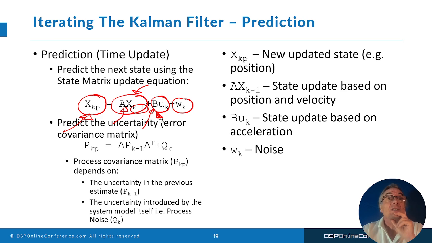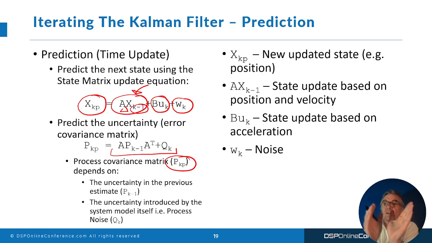Having done that, we then need to compute the uncertainty or the error covariance matrix within that value, and we compute that using this equation here. So we take the process covariance matrix. Remember, covariance is the relationship between how two signals vary, one with respect to the other.